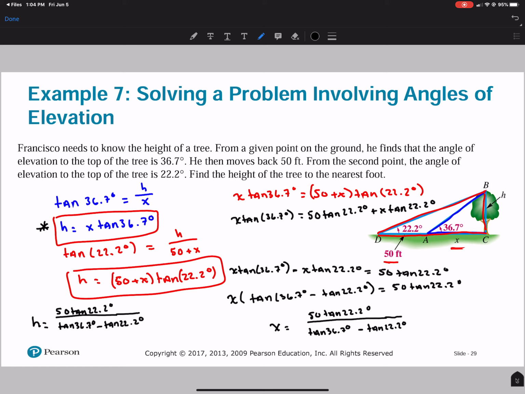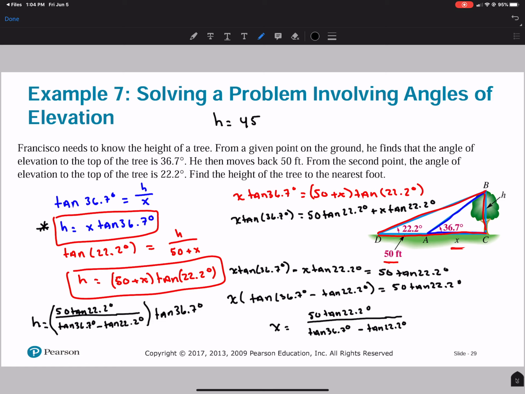And then we'll have all that times your tangent of 36.7 degrees. Now, moving up to the top, so h is just equal to roughly 45.